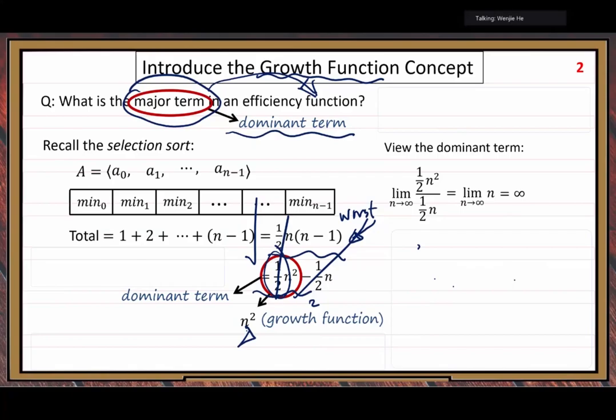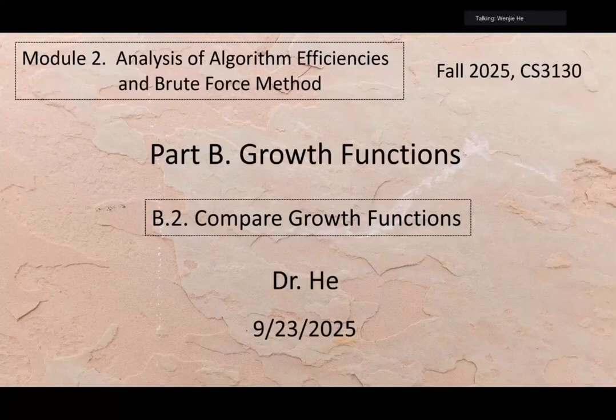It's a representative of the whole category. So we treat this object as important, so we want to give it a formal term, terminology. So we call it growth function. Now you know the meaning of growth function. So that's the definition of growth function.